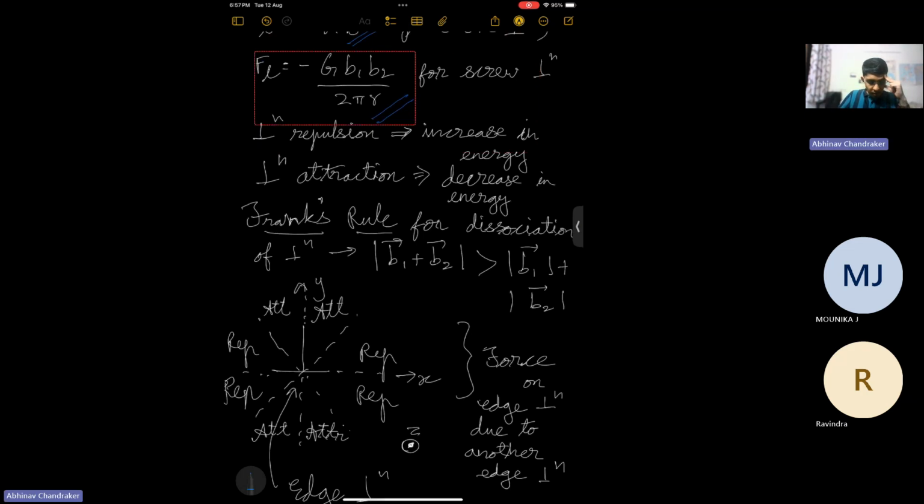If you have repulsion between two dislocations, that will mean that there is an increase in energy. And if you have an attraction between dislocations, then that will lead to a decrease in energy.